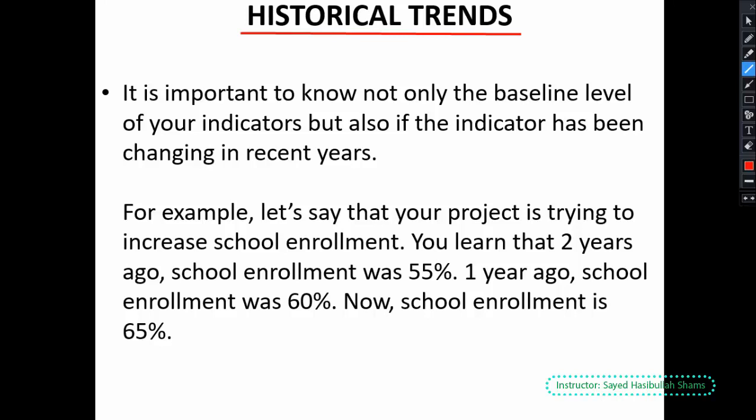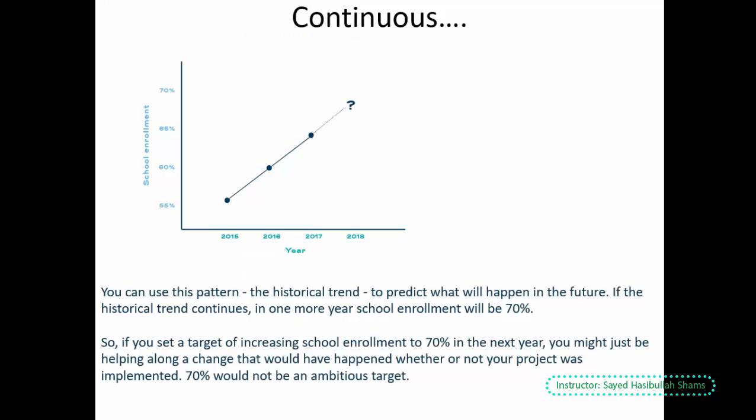So if you set, for example, a target of 70% school enrollment, that will not be a good, realistic and ambitious target. For this purpose, you can set a very good target.